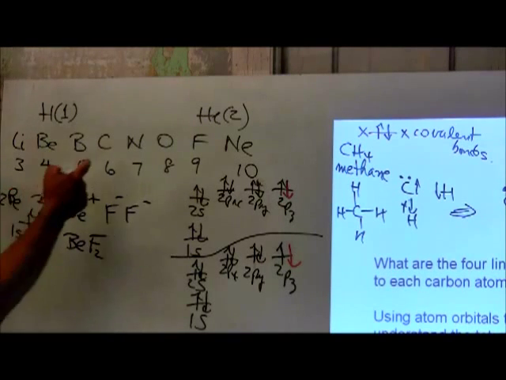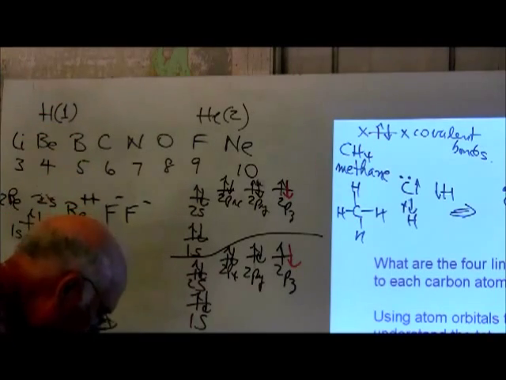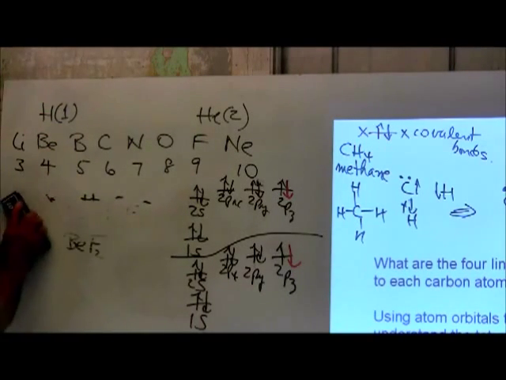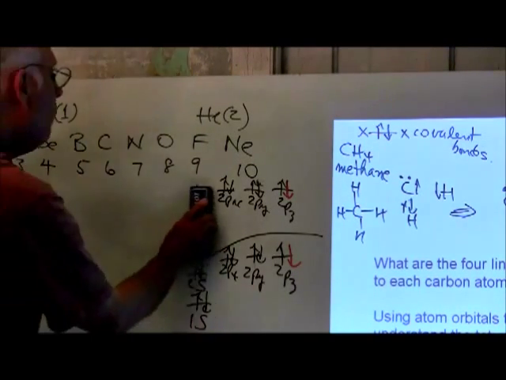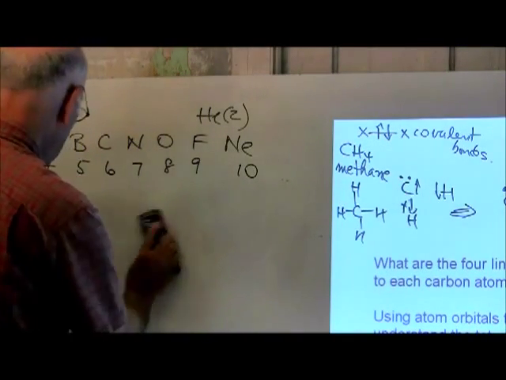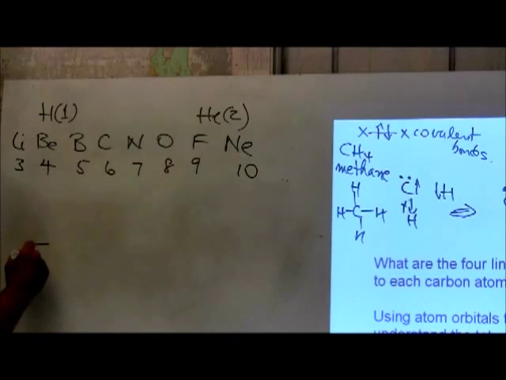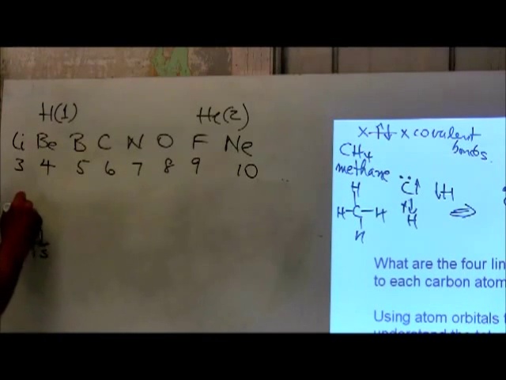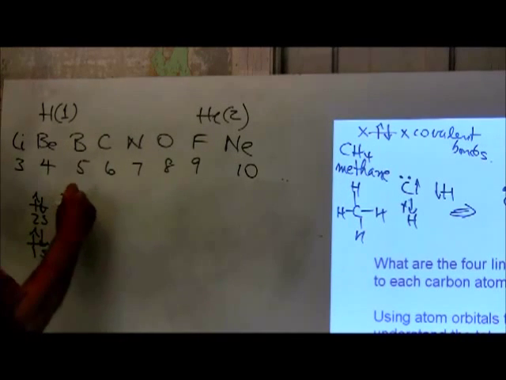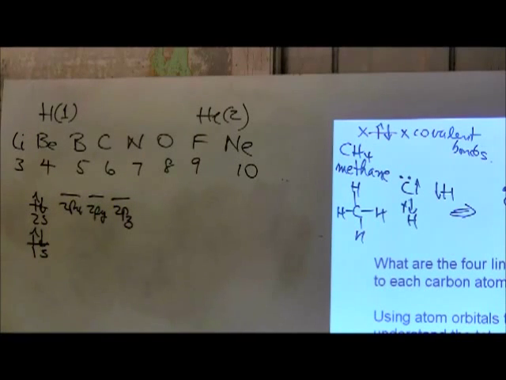Let's get rid of our fluorine for a second. If we take nitrogen with an atomic number of 7, we have 1s, 2 electrons here, 2s, 2 electrons here, 2px, 2py, and 2pz.